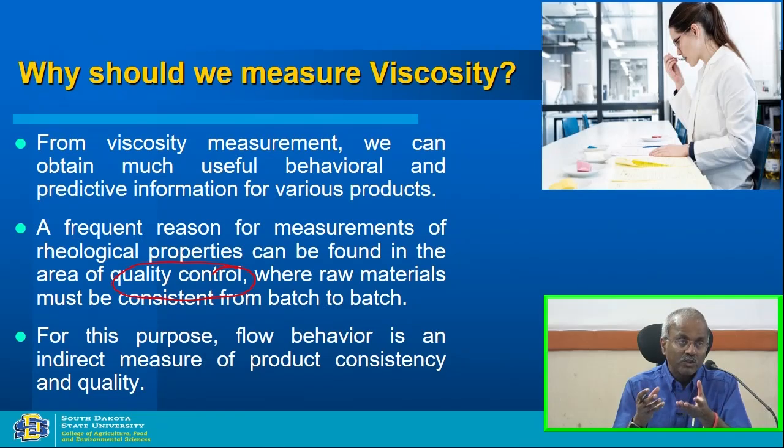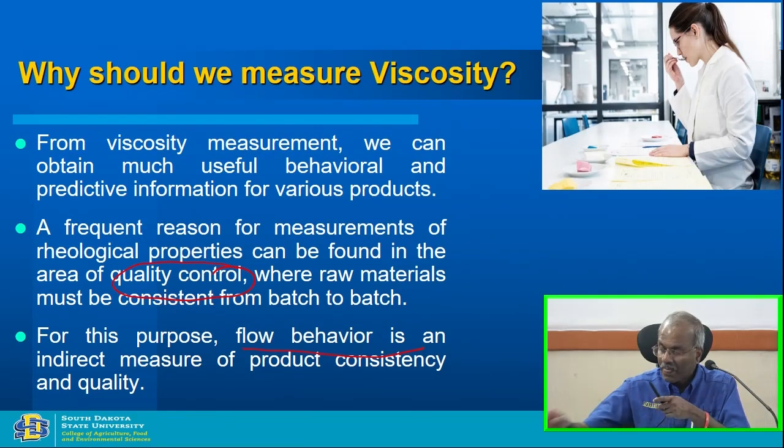So how much you want to hold, or what kind of strength of packaging material you want, that will have an impact also. That's a very good point. And also you want to make sure that you have consistent raw material, so that every time you develop products they have a similar viscosity, and that's very important. So here, flow behavior is an indirect measure of product consistency and quality. How well the product flows will dictate that also.